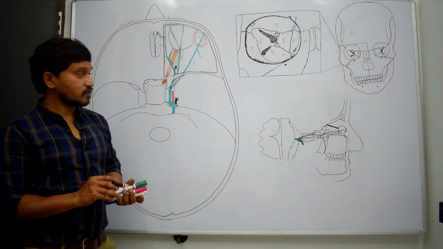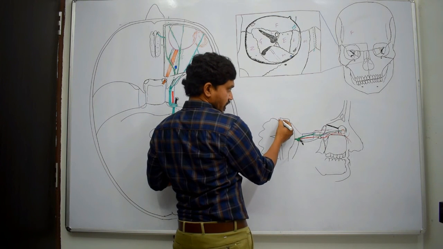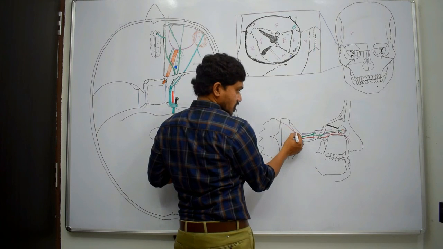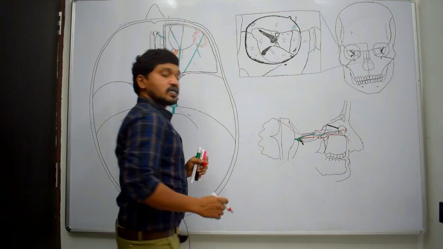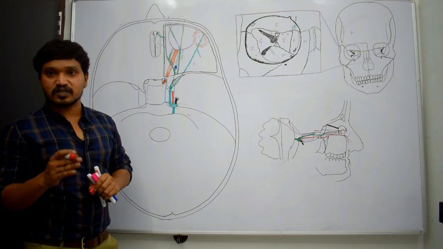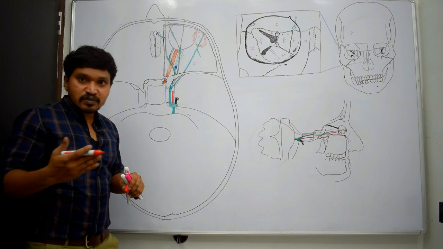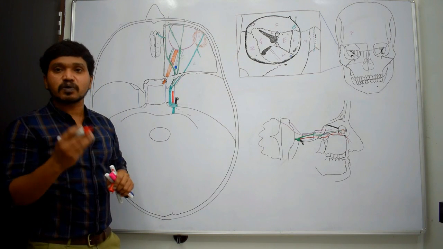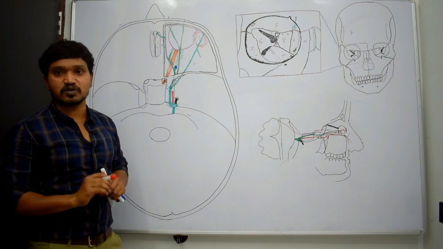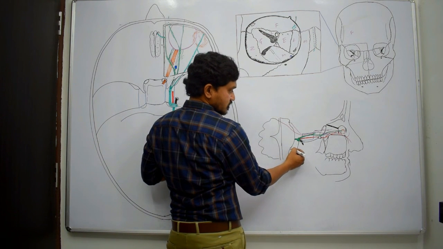Then the 4th cranial nerve, also from the midbrain. It runs like this, passes through the cavernous sinus, and enters the orbit through the lateral part of the superior orbital fissure. Then it runs medially and reaches the upper part of the superior oblique muscle, which it supplies. Then the 6th cranial nerve.